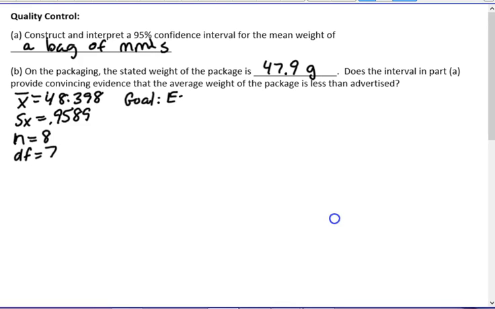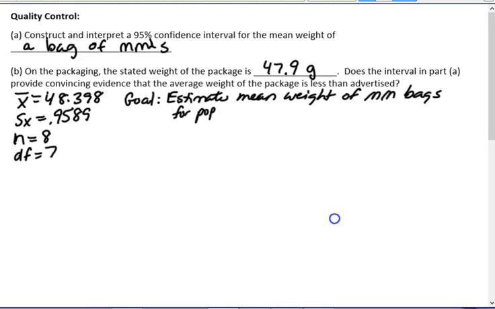So I want to estimate the mean weight of M&M bags. This would be for the population, not for my sample, because obviously I don't need to estimate my sample. I know what my sample mean weight is. So I want to estimate the population mean weight.